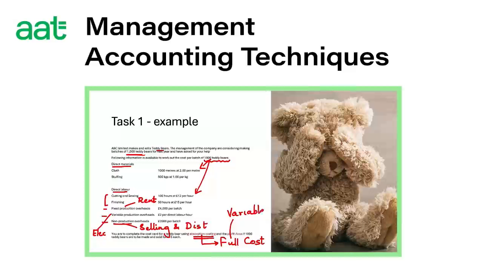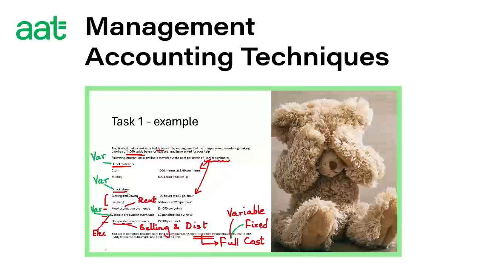Now, if we were to categorize these costs into fixed and variable, we would have materials as a variable cost, labor, because for every unit you make, you would incur those costs. Variable production overheads, of course, is a variable cost, but it takes into account also the fixed costs, thereby suggesting that it takes into account the full cost of making those teddy bears.